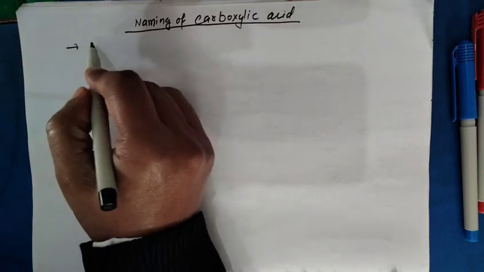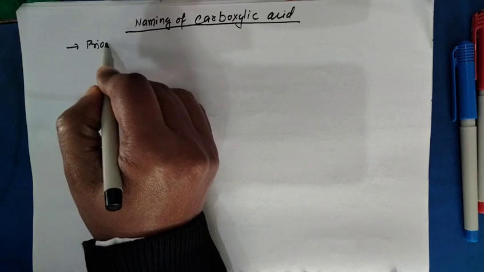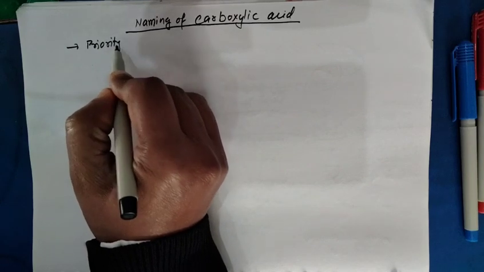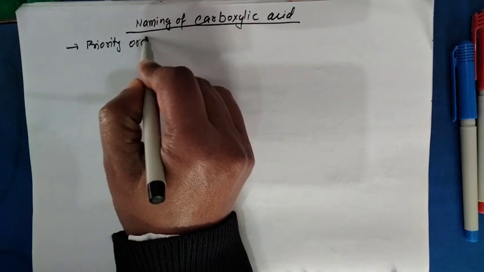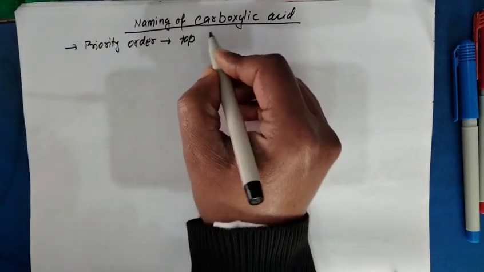Okay, so carboxylic acid is one of the major functional groups in organic chemistry, and in priority order it is considered as the top functional group.